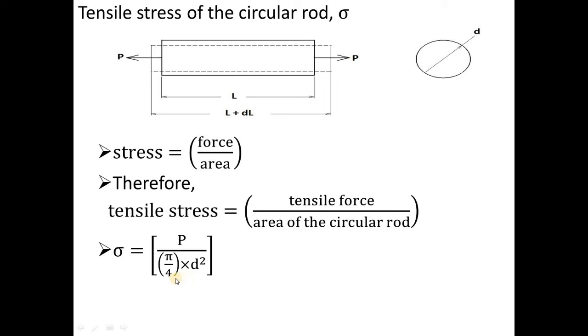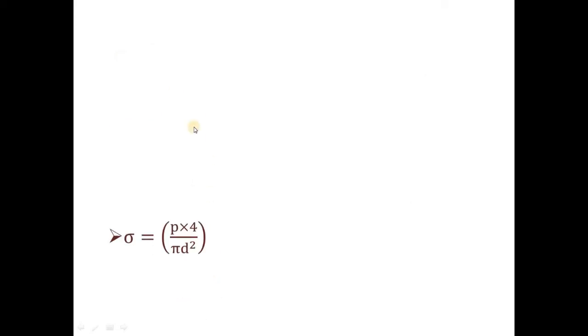Now I am going to apply an algebraic rule on this tensile stress formula. The algebraic rule is A whole divided by B by C is A into C divided by B. So in this tensile stress formula, I will take P as A, pi d square as B and 4 as C. According to the algebraic rule, I can rewrite this tensile stress formula as sigma is equal to P into 4 divided by pi d square.